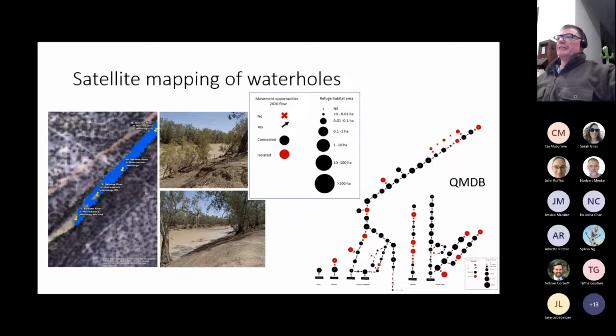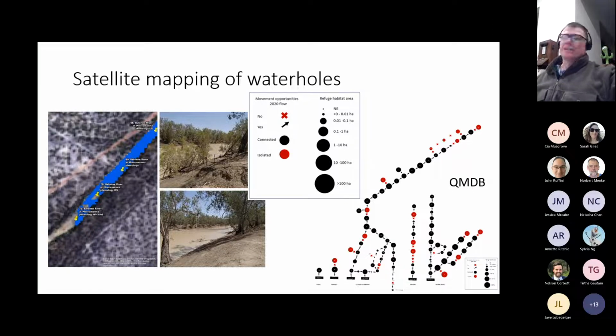The figure on the right is a graphical summation of the entire Queensland Murray-Darling Basin, where the size of the circles represents how much waterhole habitat persisted at the peak of the drought, and the little connectors between them represent the likelihood of fish being able to pass through dams and weirs.